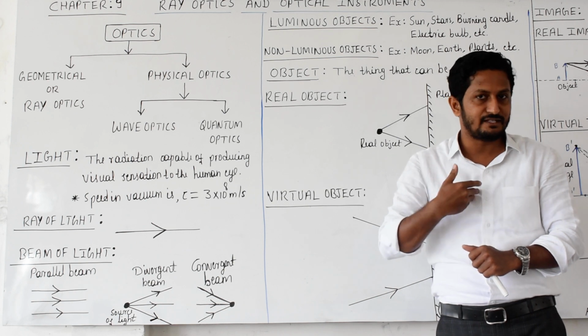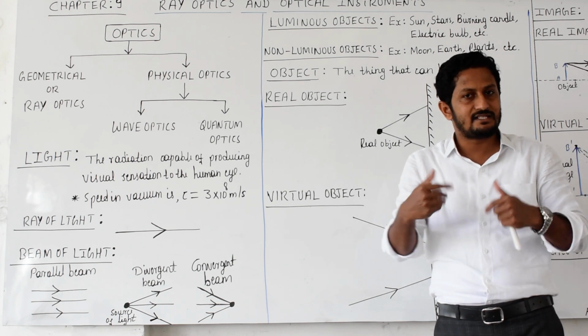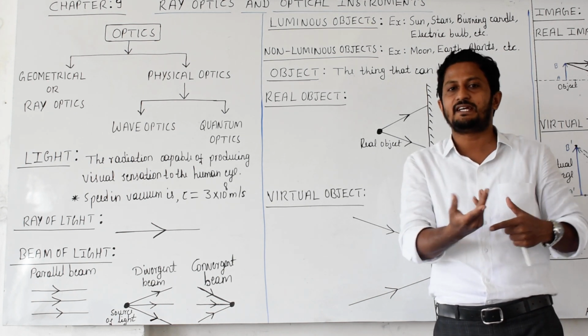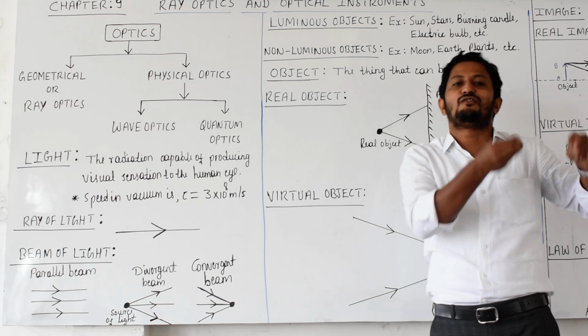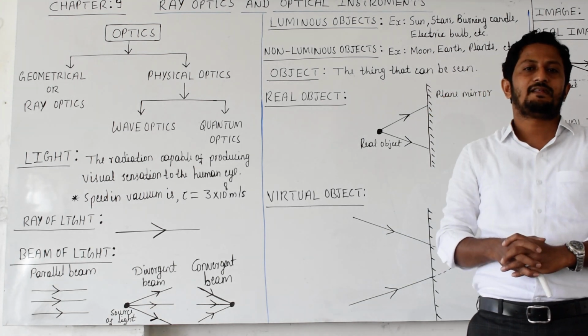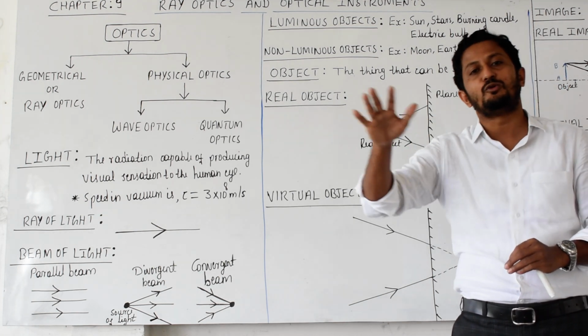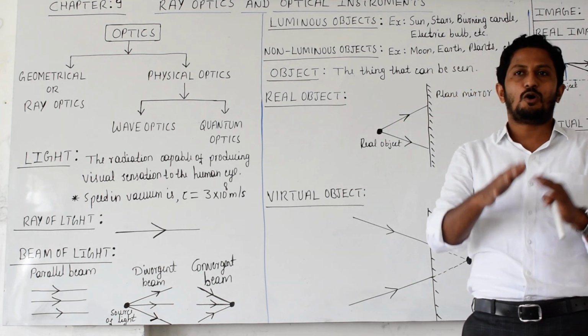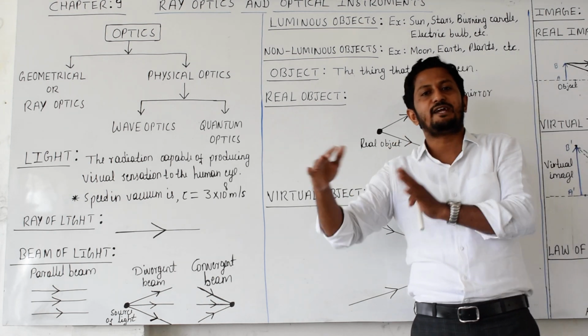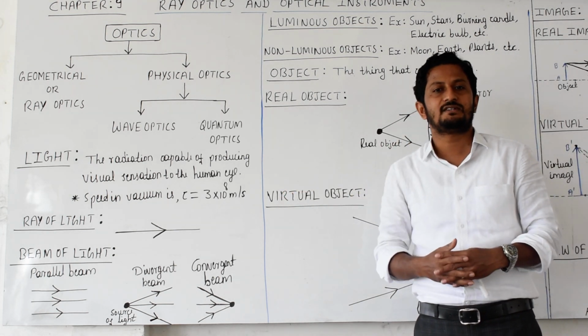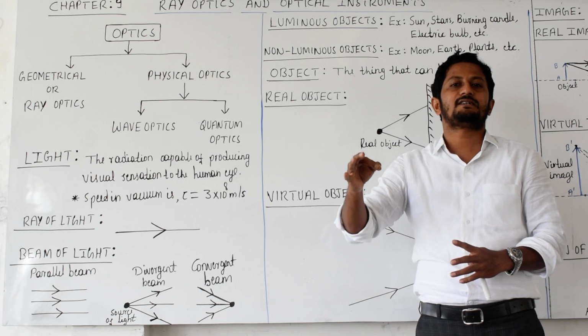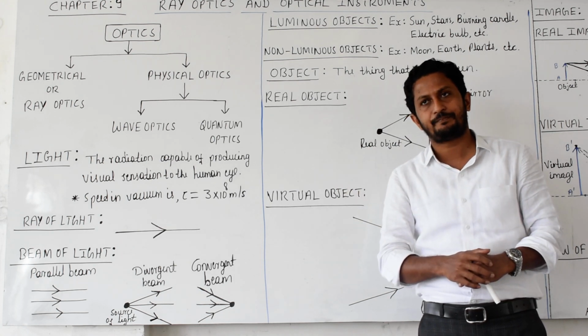They are not emitting their own light, they just re-emit the light rays which fall on them. Such objects we call non-luminous objects. Objects which do not emit their own light are called non-luminous objects.